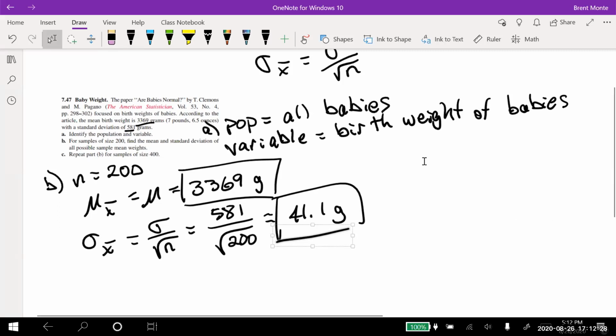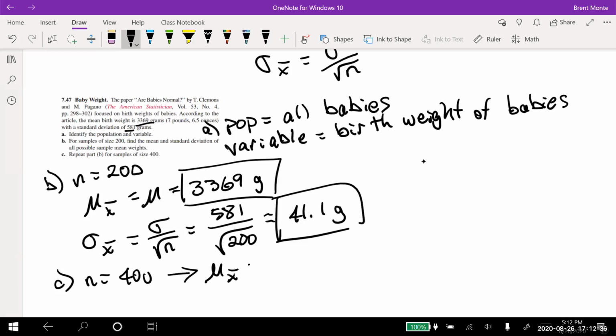And then C says repeat this for samples of size 400. Well, if n equals 400, then mu sub x bar still is equal to mu, so the population mean is still going to be 3,369 grams.